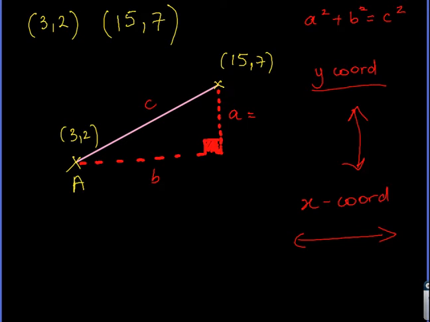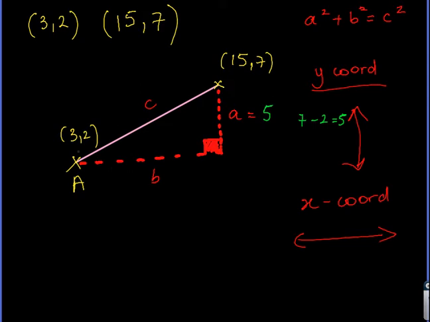So in order to find that distance there, you're going to look at the y coordinates, the vertical heights. Here I've got 7 and here I've got 2. So for the y coordinates, I've got 7, and for the other one, which is below, it's 2. So I'm going to do 7 take away 2, and that gives me 5. So this distance here is 5.